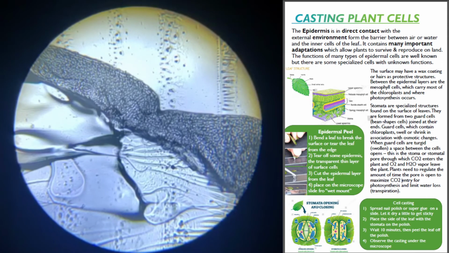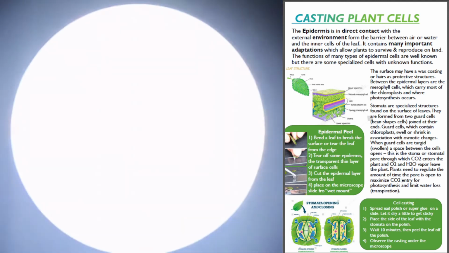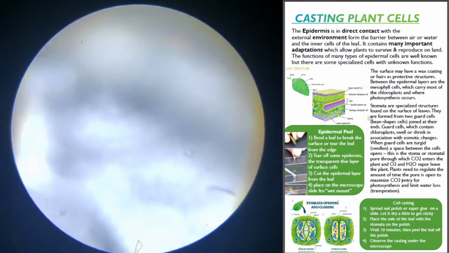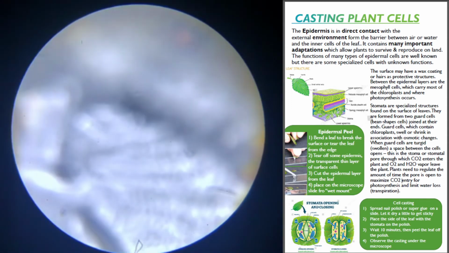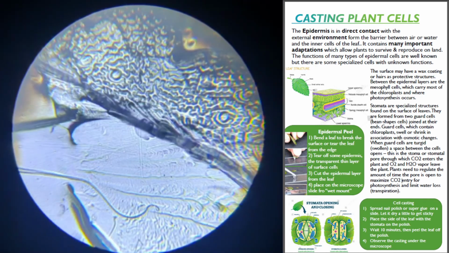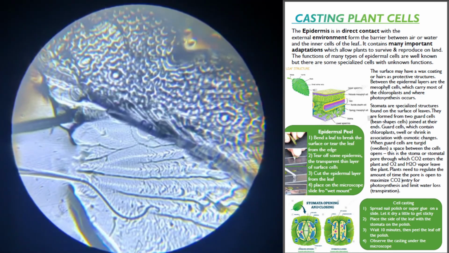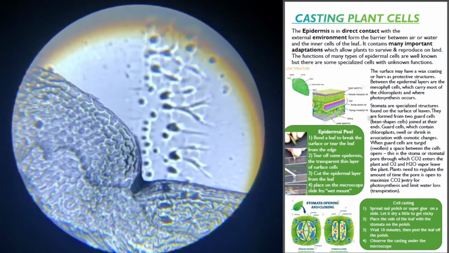You can already start seeing the shape of the underside of the leaf. Right, so we're on scanning. We're going to flip it. Boom. We're on 100 times total magnification. Clear it up a little bit. Oh, there they are. Perfect. Let me move that down just a little. Oops, too far.